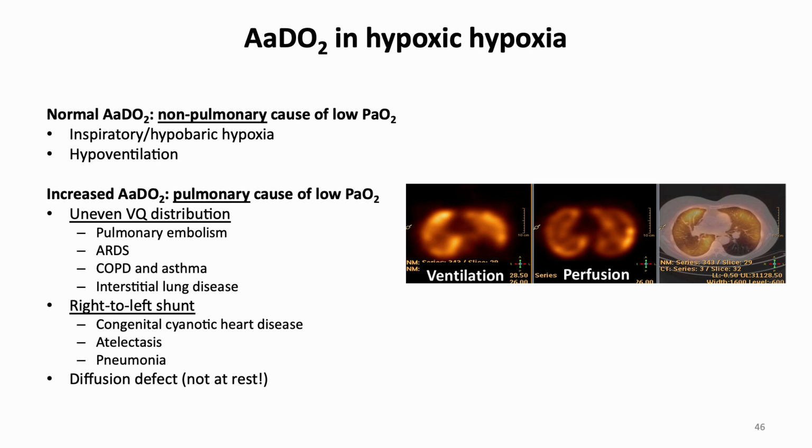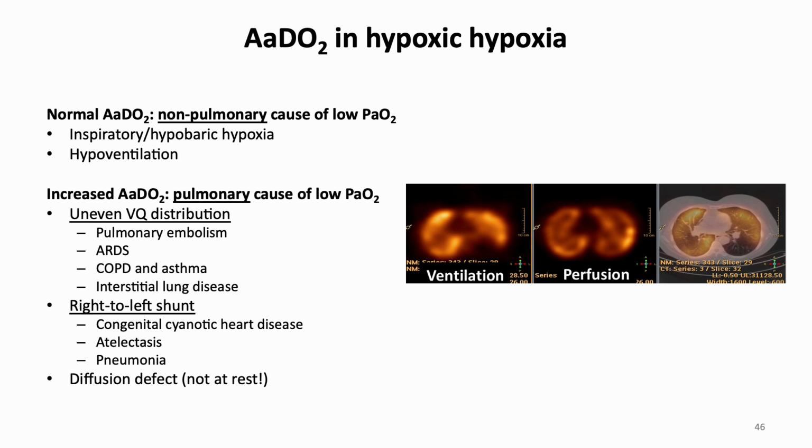Lastly, impaired diffusion capacity may also increase ADO2, but it will not give rise to an actual reduced PaO2 in the resting state. It may during exercise or something similar, but not in the resting state.